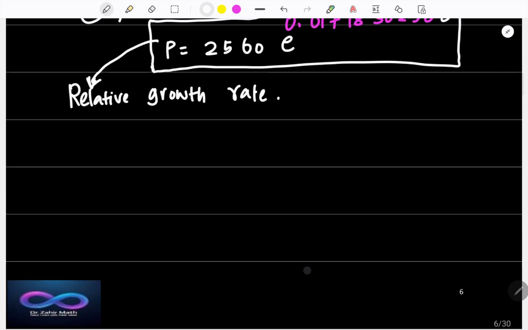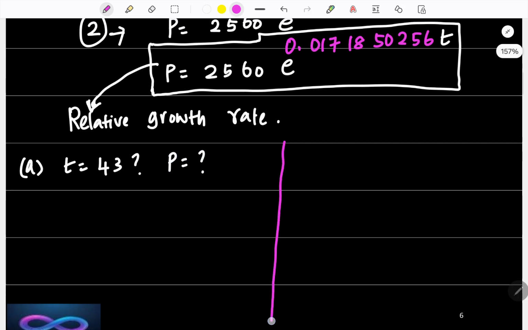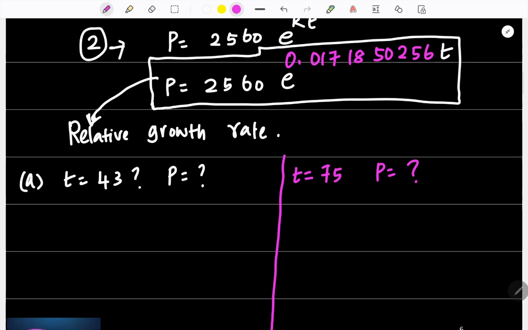Let me solve these two questions. First, when t is equal to 43, what is your population? The second question is, when t is equal to 75, what is your population? In this equation, put t equal to 43.